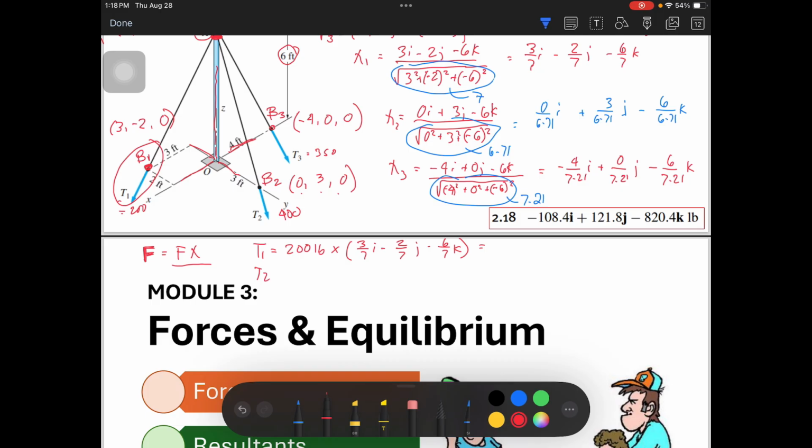Then T2 is 400 pounds times vector niya is 0 i plus 3/6.71 j minus 6/6.71 k. And then T3 is 350 pounds times, ang vector location niya is negative 4/7.21 i plus 0/7.21 j plus 6/7.21 k.